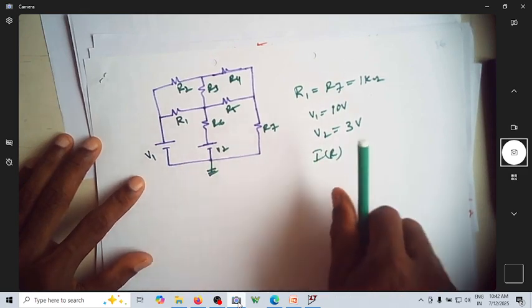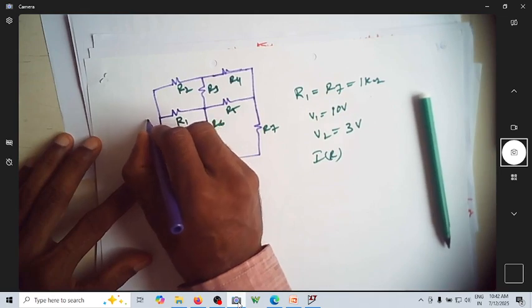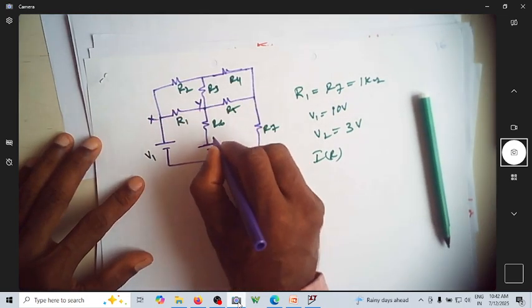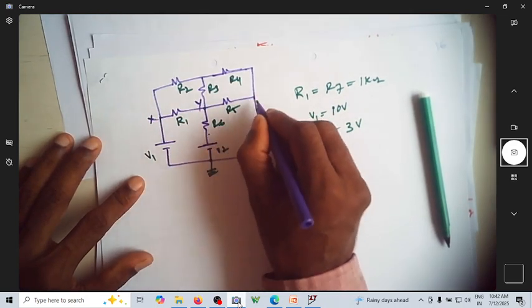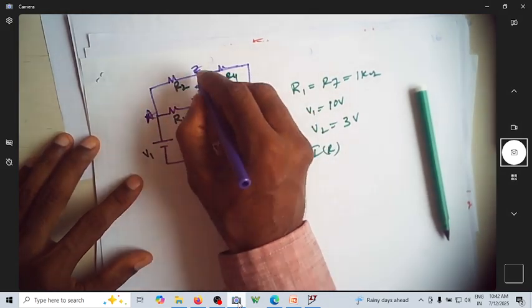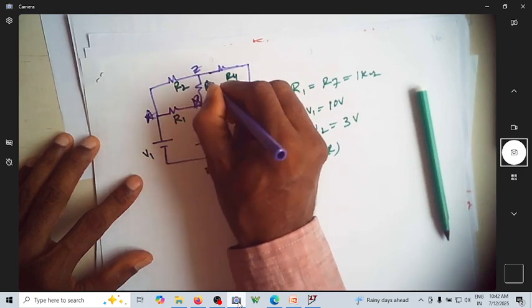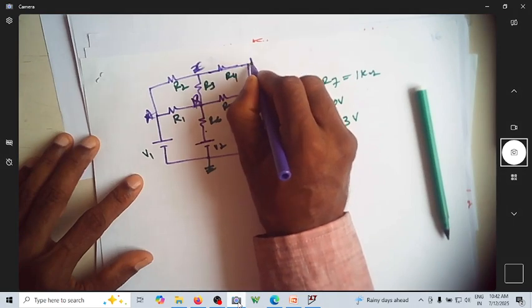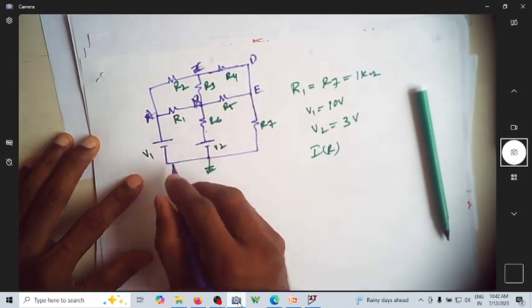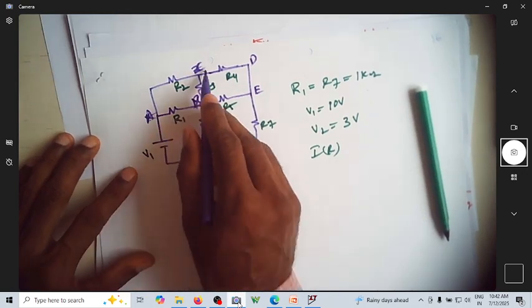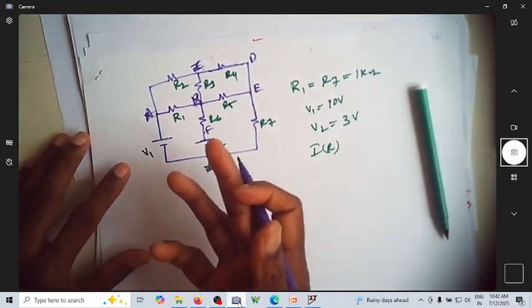So this is ground. How many nodes are you going to have? You can name them: this is X node, Y node, maybe Z node, or let me say it as A. This is B, this is C, this is D, this is E, and this is F. A, B, C, D, E, F. These are the nodes.